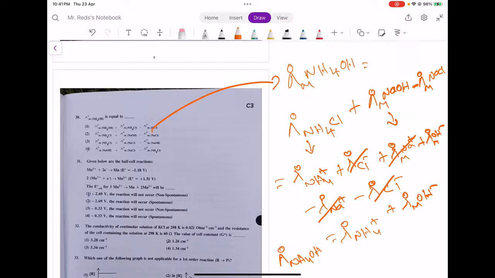So the option is lambda naught NH4Cl plus lambda naught NaOH minus lambda naught m NaCl.